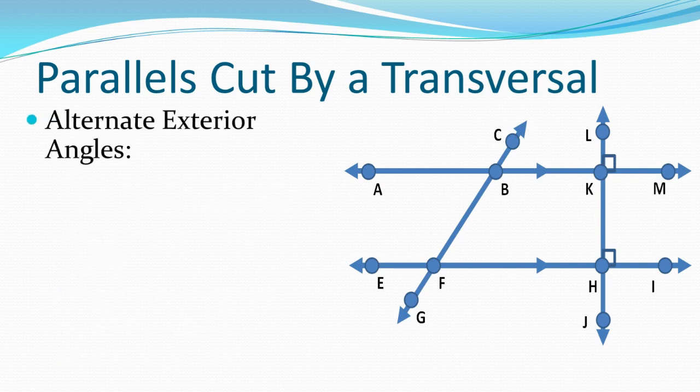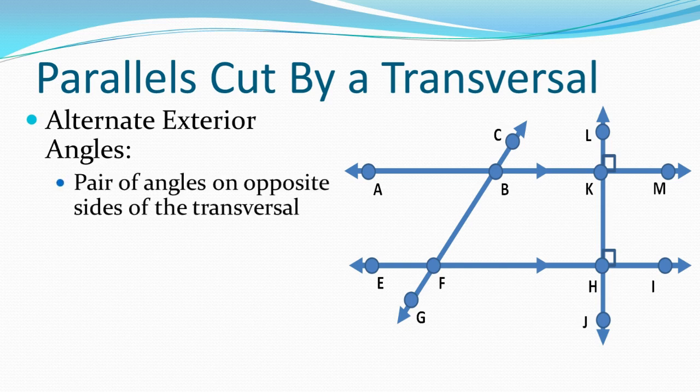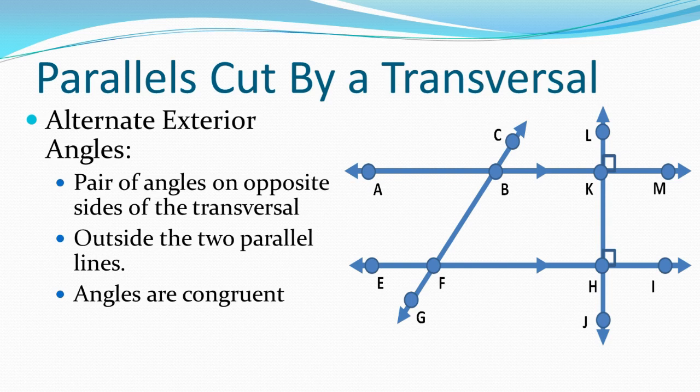Alternate exterior angles follow the same rule. It's a pair of angles on opposite sides of the transversal. That's where alternate comes from. Exterior means they're outside of the parallel lines. If you have a pair of angles that are outside of the two parallel lines and on opposite sides of the transversal, then you automatically have congruent angles.